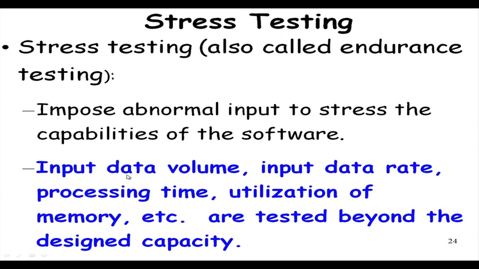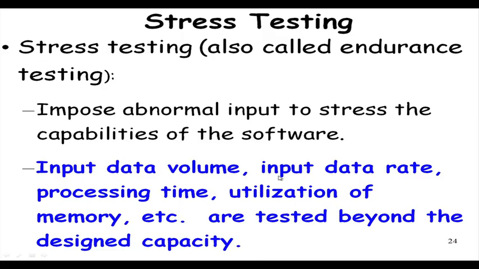For example, we might give more data volume, a larger database size for a software than what is specified. If it is specified 100,000 records, we might give 120,000 records.